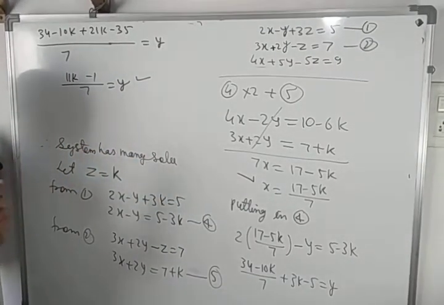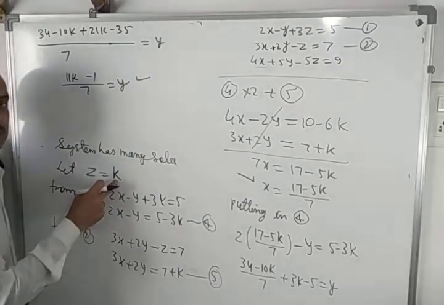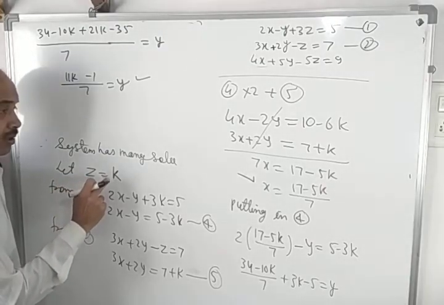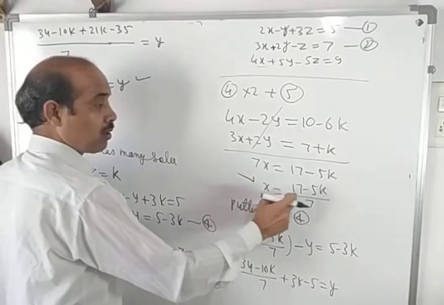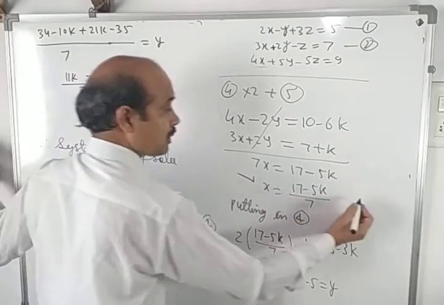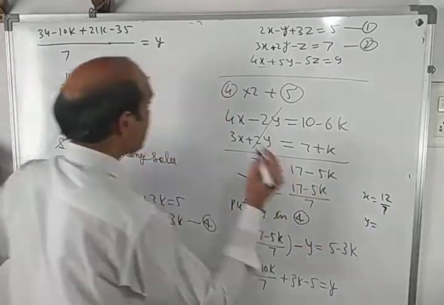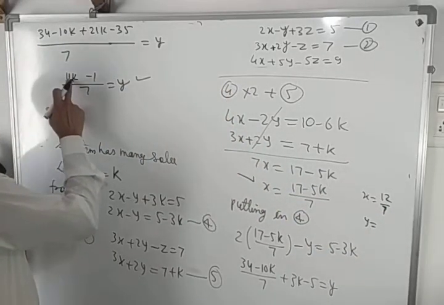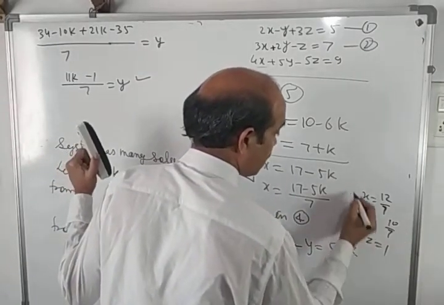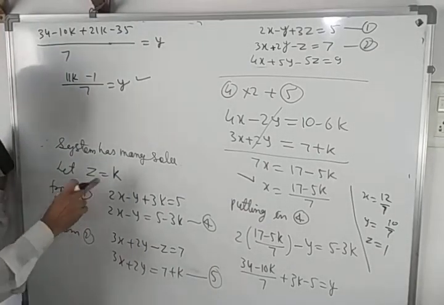It means if you put any one value of k, like k equal to 1, then we will have one solution: x equal to 17 minus 5 into 1, that is 12 upon 7. Y will be, by putting k equal to 1, 11 minus 1, 10 upon 7. And z will be 1.